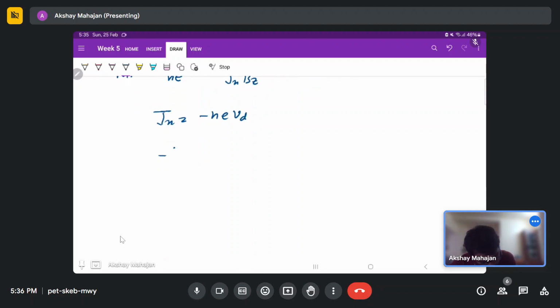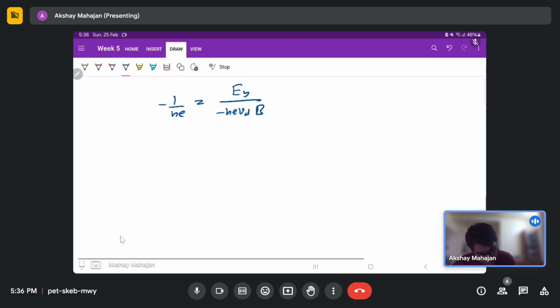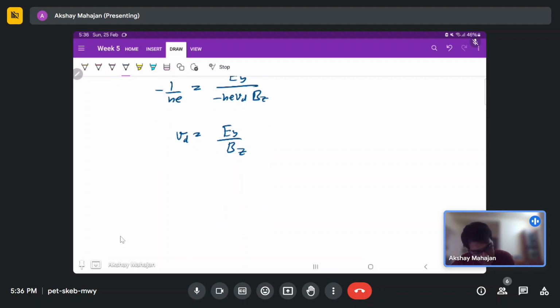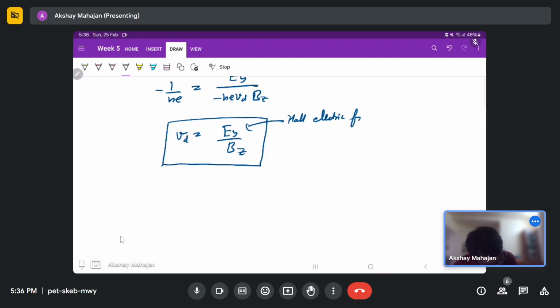So I can write minus 1 by Ne equals Ey divided by minus Ne Vd times B. So your Vd, the drift velocity of the electrons, will be equal to Ey upon B, and B is Bz, since we have applied the magnetic field in the z direction. This is how this formula comes in. This is the Hall electric field, and this is the applied magnetic field.